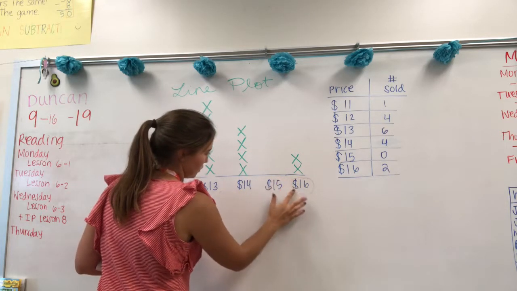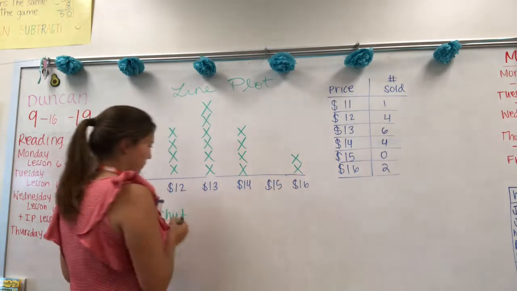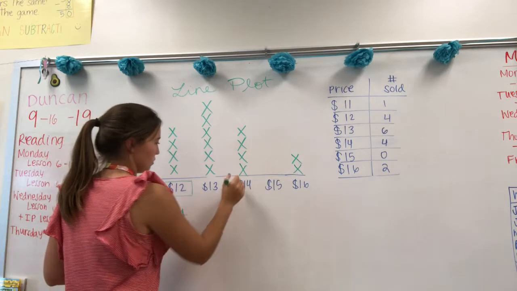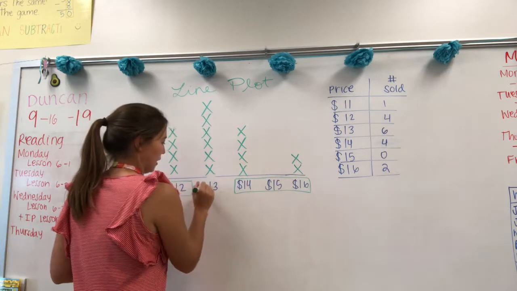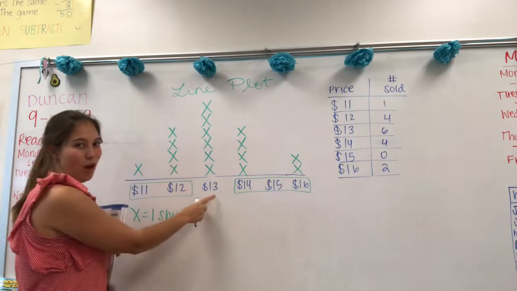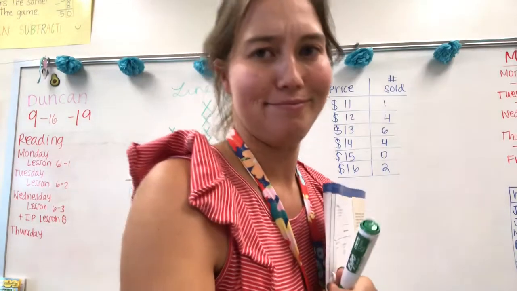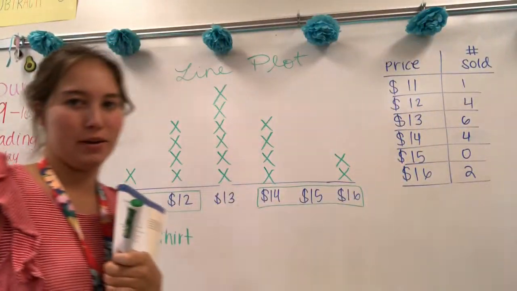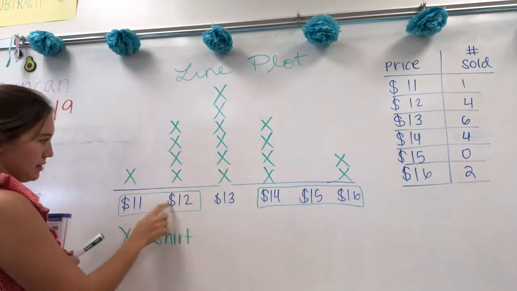So I'm going to erase my circles I had there so we can look at it a different way. So it's saying less than $13 or more than $13. Notice 13 is being excluded. It's not being used when we're doing this. I'm going to pull y'all closer. There we go. All right, so 13 is being excluded.